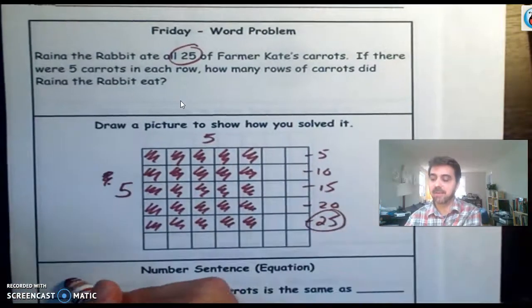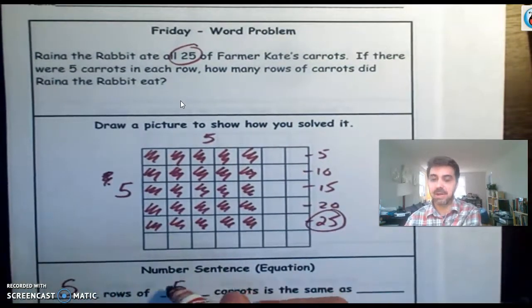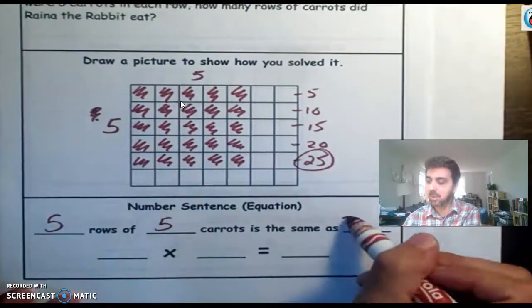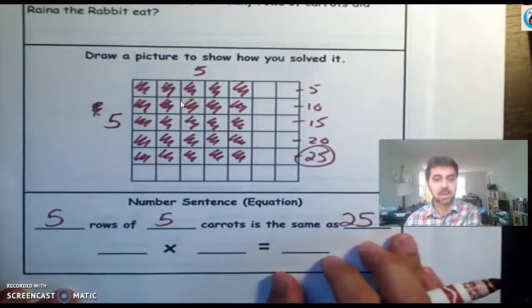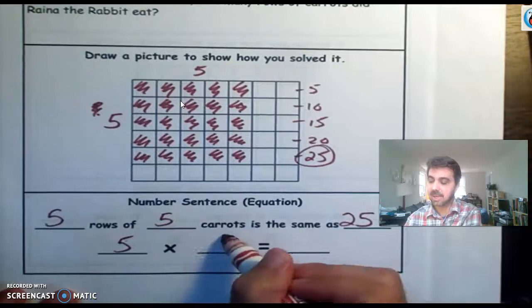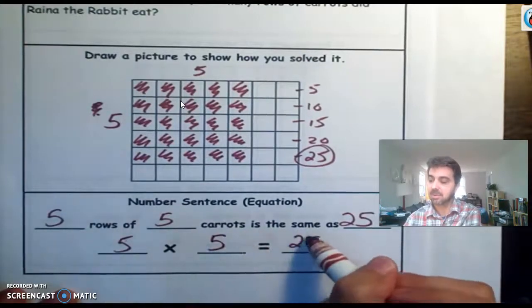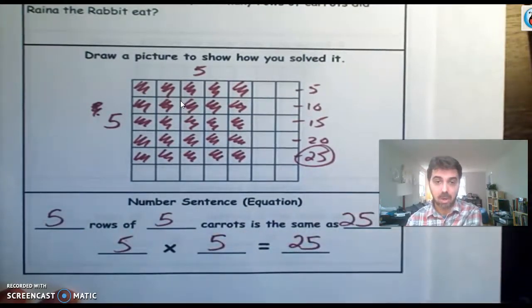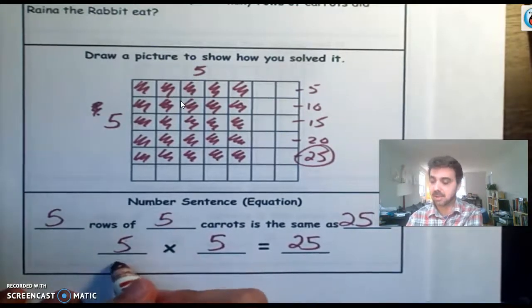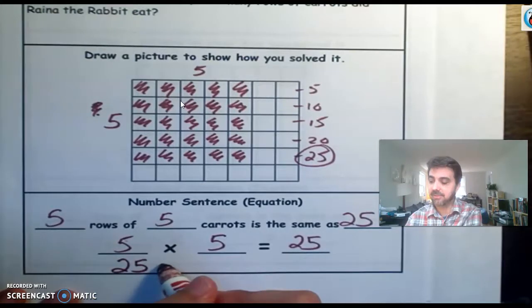Okay, so we know that 5 rows of 5 carrots is the same as 25. Okay, or we could just say 5 times 5 equals 25, or our division could be, and you have to write this in, we have 25 divided by, so the symbol is a line with a dot above it and a dot below it, like this, okay?